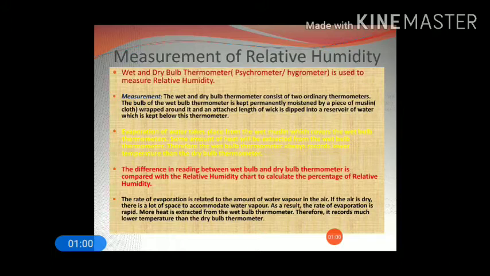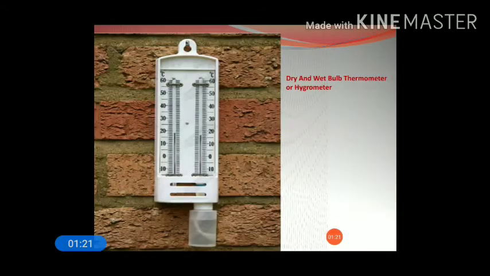The bulb of the wet bulb thermometer is kept permanently moistened by a piece of muslin, or you can say cloth, wrapped around it, and an attached length of wick is dipped into a reservoir of water which is kept below this thermometer. So you can also see the images of this.